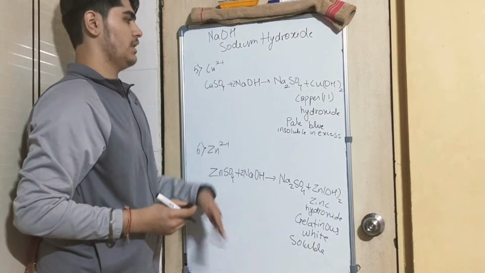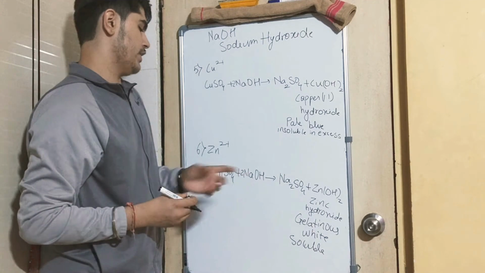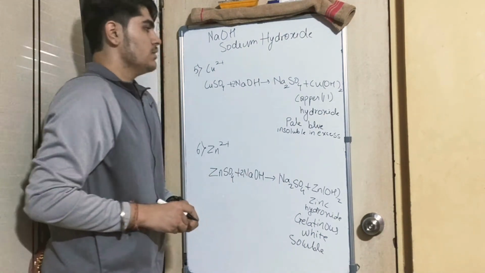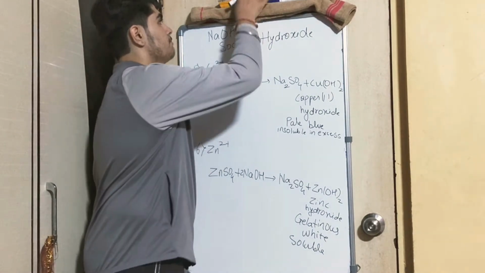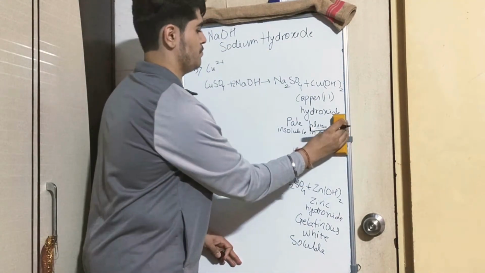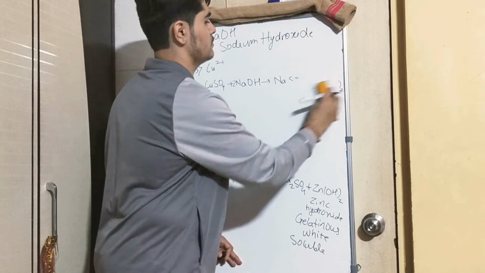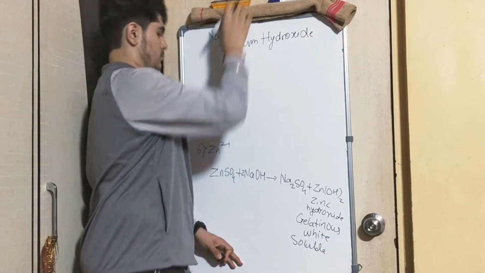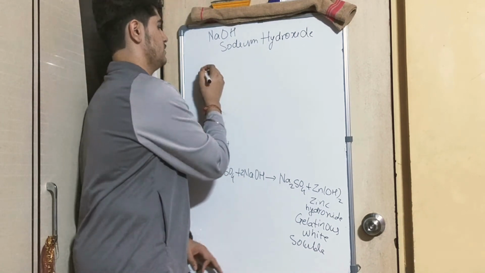Copy it down, then I will tell you the reaction with excess of NaOH. I hope you have copied it. I am rubbing only this because the continuation of this reaction is here.